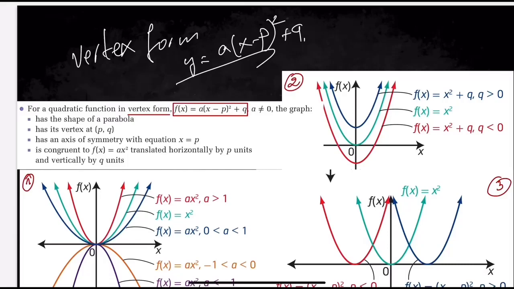Hi everybody. So today we will revise the function in vertex form, which are a part of quadratic functions.